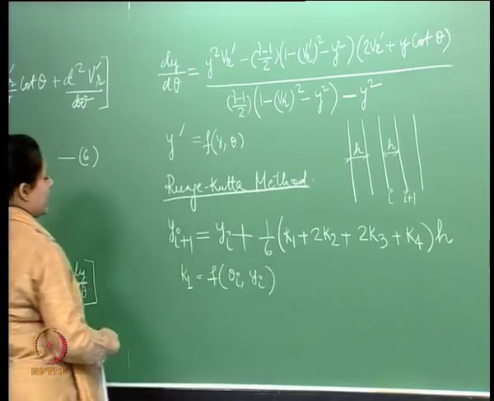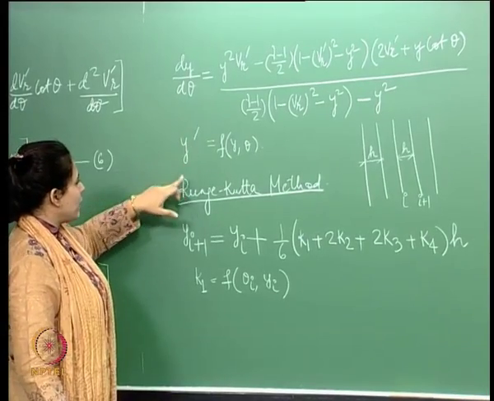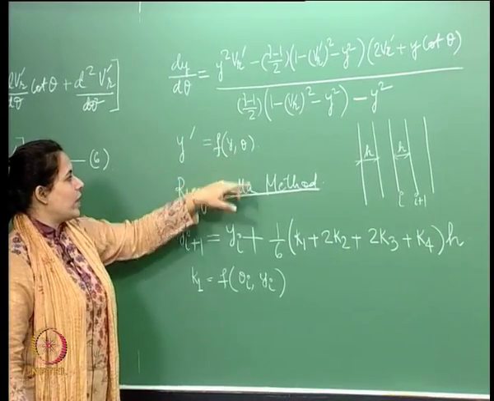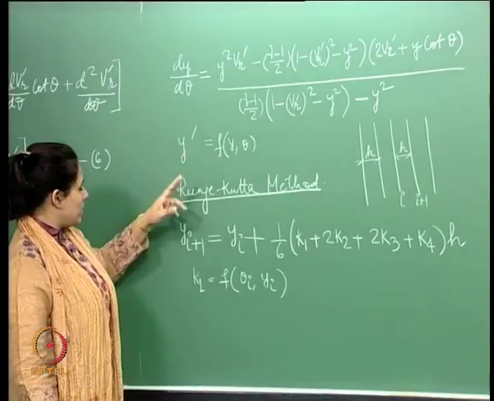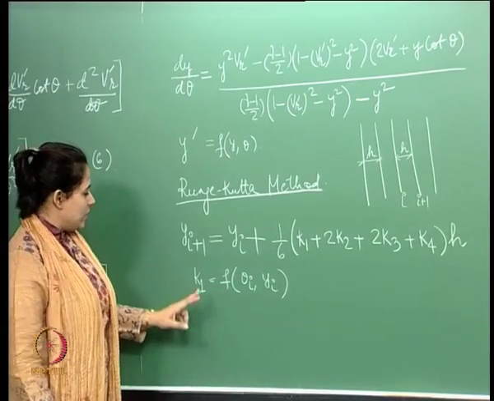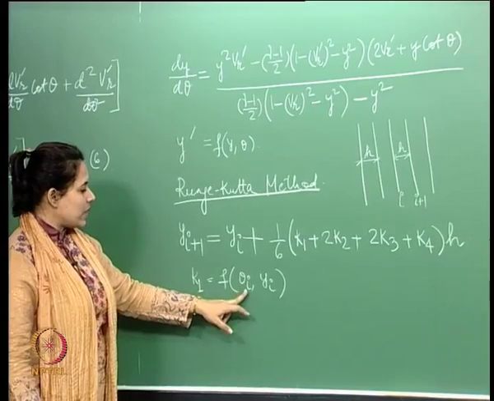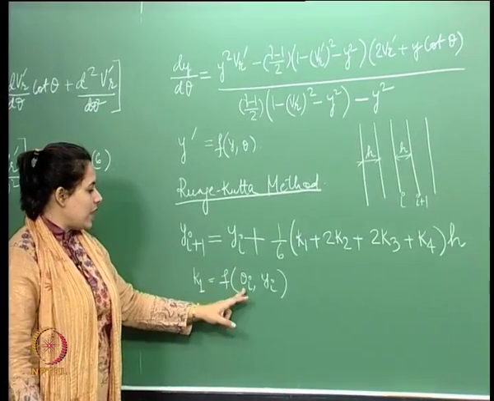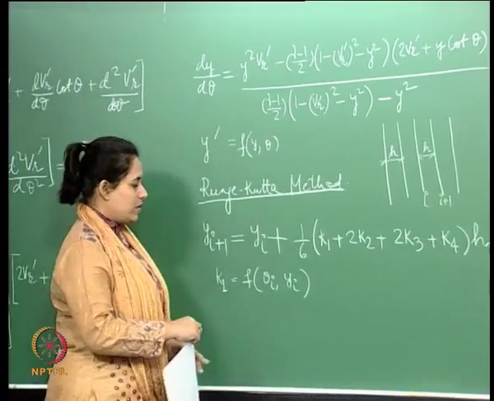In this particular case, since y dash is a function of y and theta, k1 is the function of theta i and the function value at the point i.